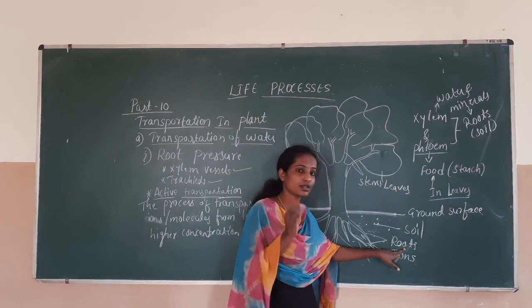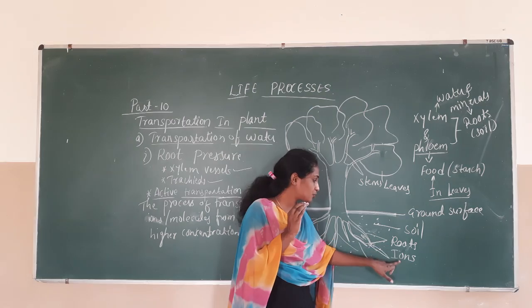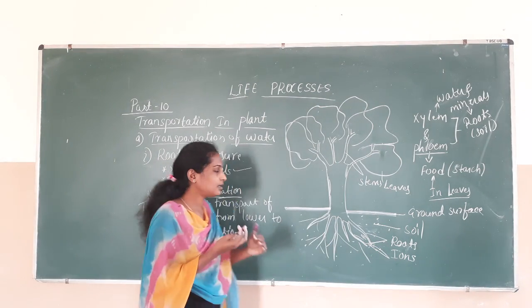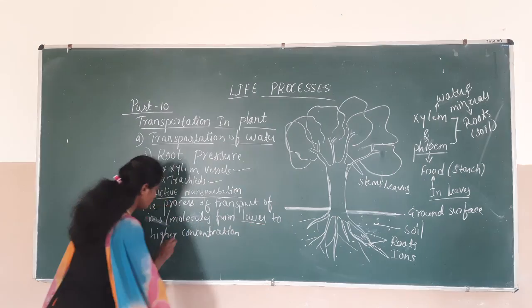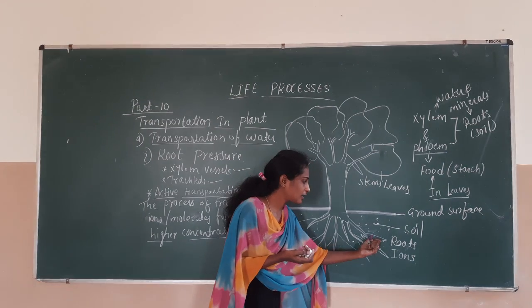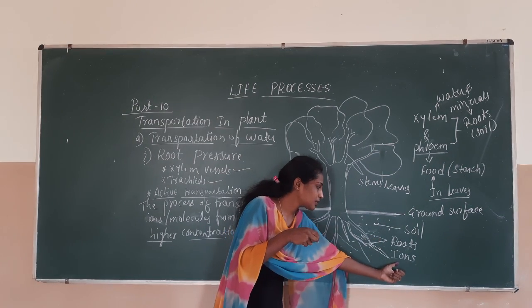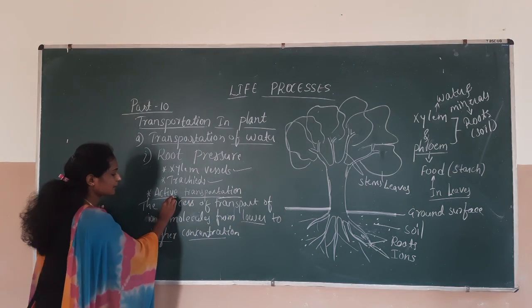Even though the roots have plenty of ions, they absorb ions from the soil by an active process, which means from lower to higher concentration. Higher concentration of ions is already present in the roots, but they still take up such ions through this active process.